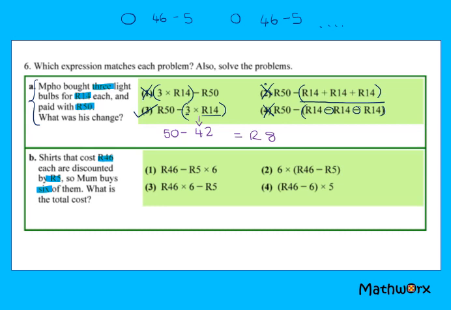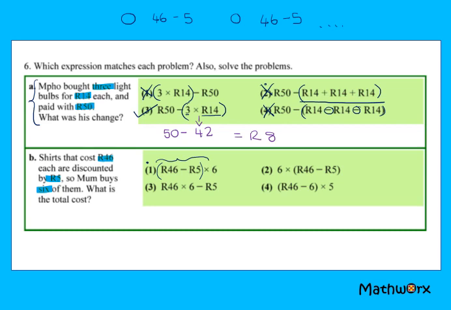We have 46 minus the 5 Rand times by 6. But remember, that's not always the correct way to say it because you have to buy 6 shirts for 46 Rand each. So because this little bit is in the front, it's not 100% correct. But it tells us our scenario. So let's put a little dot there because we think it might be right, but we don't know yet.